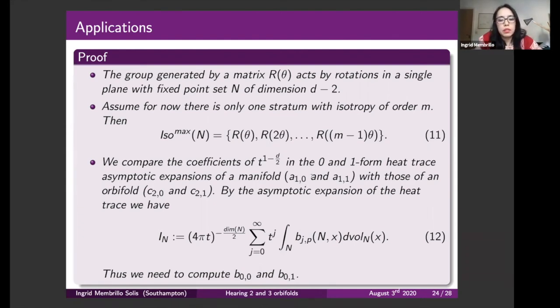So in this case, we have to compare the asymptotic expansion of a manifold, the coefficients of these powers for a_{1,0} and a_{1,1}, with those of an orbifold, which in this case will be Z_{2,0} and Z_{2,1}.